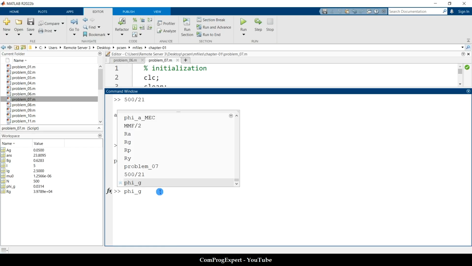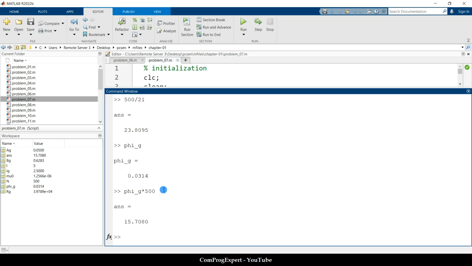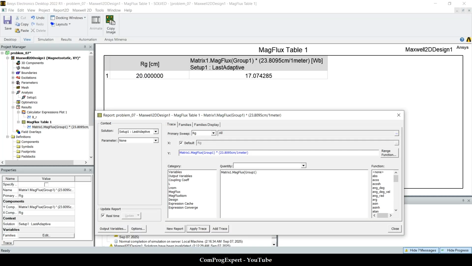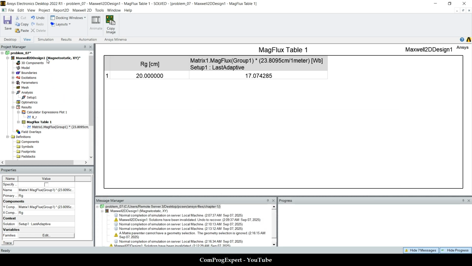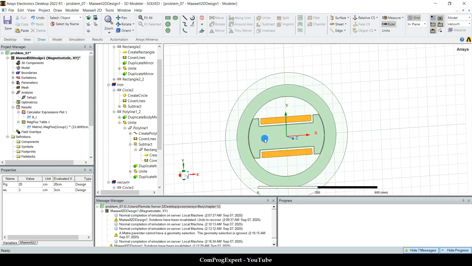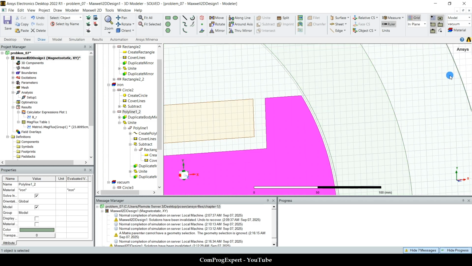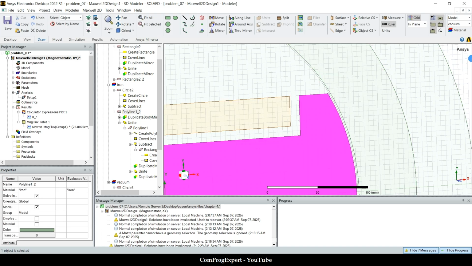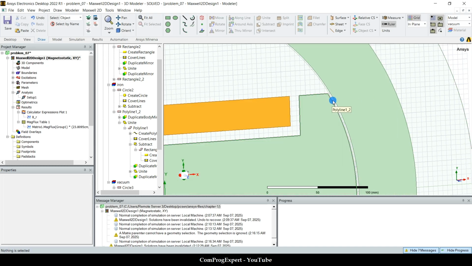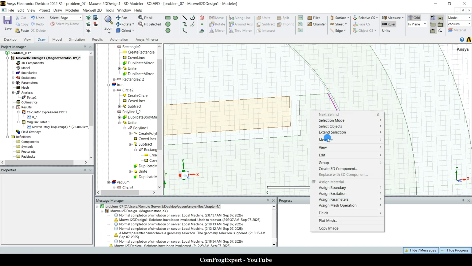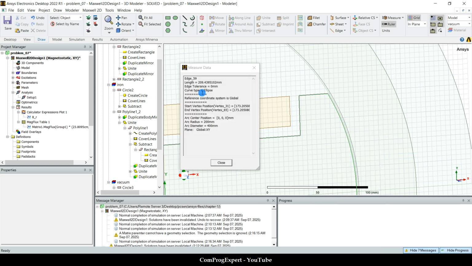So phi gap times 500 is 15.7, and we got this number. Because here for the pole face, I need to consider the exact number. So let's recalculate it again. This is pole face. So select this edge. What is the value of the pole face? It is this one.